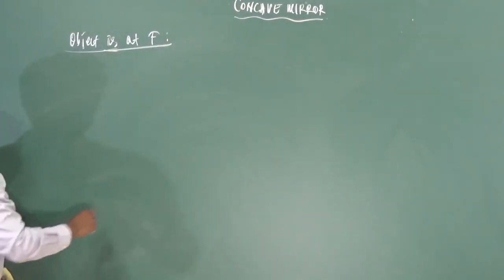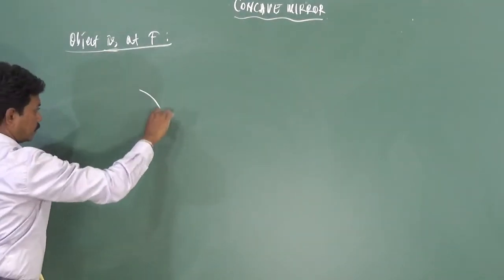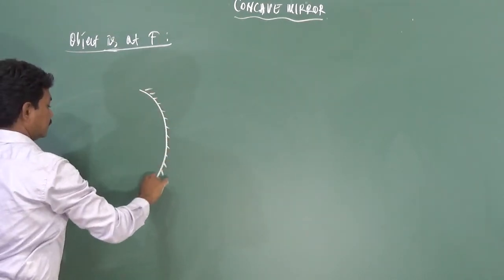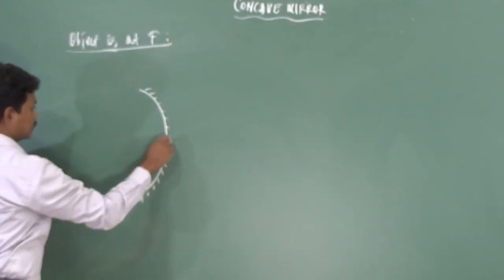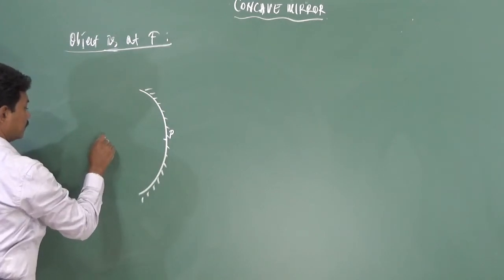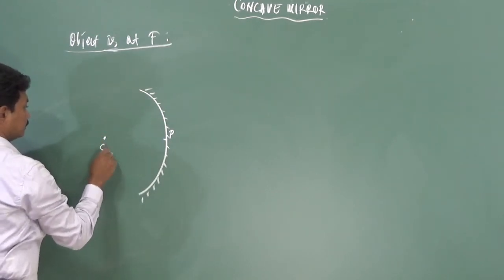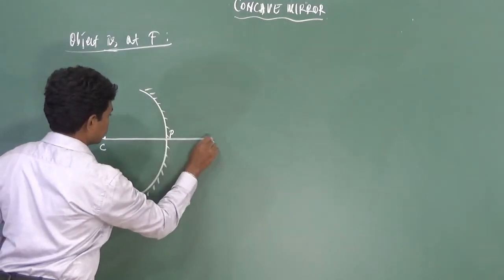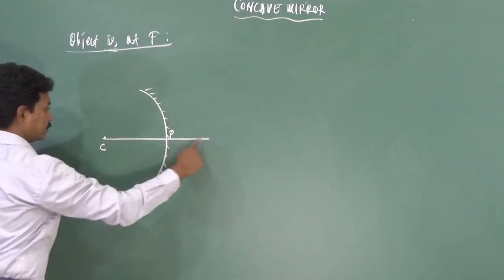Now imagine a concave mirror which is silvered at the outer surface, so it is reflecting at the inner surface. This is the pole of the mirror, and this is the center of curvature. I will draw a line passing through the center of curvature and the pole. This becomes the principal axis.